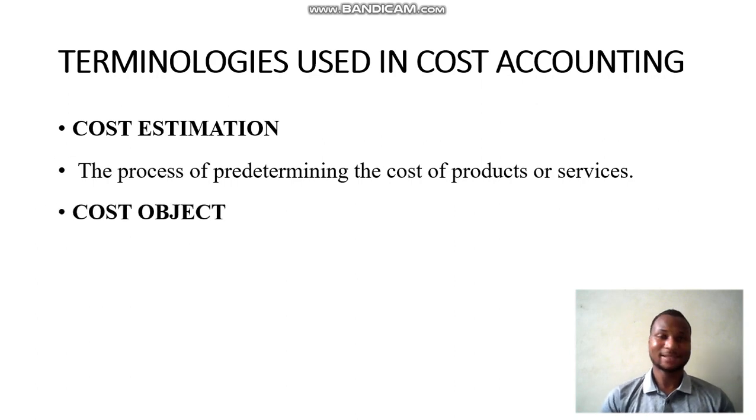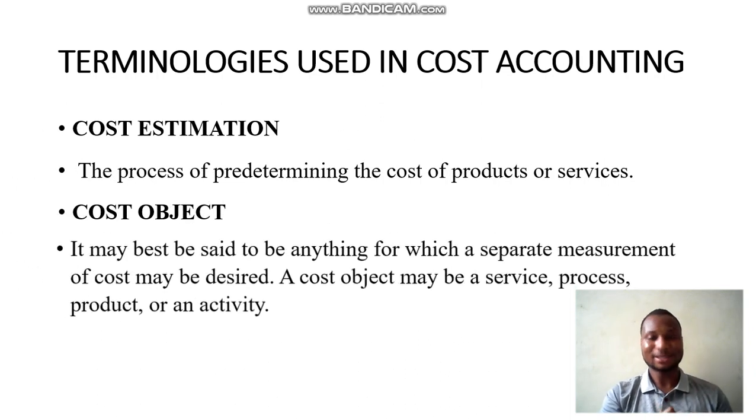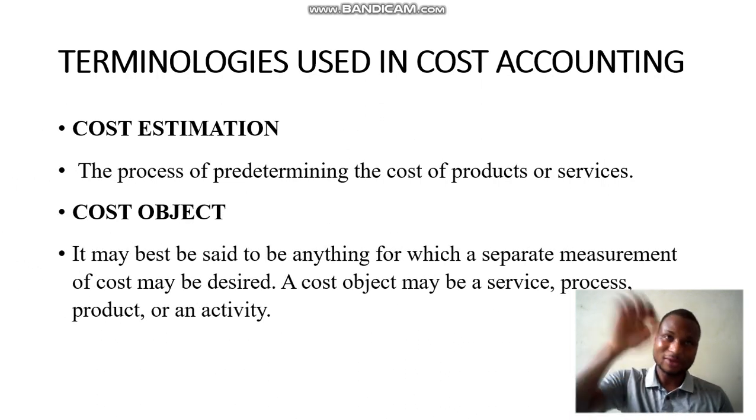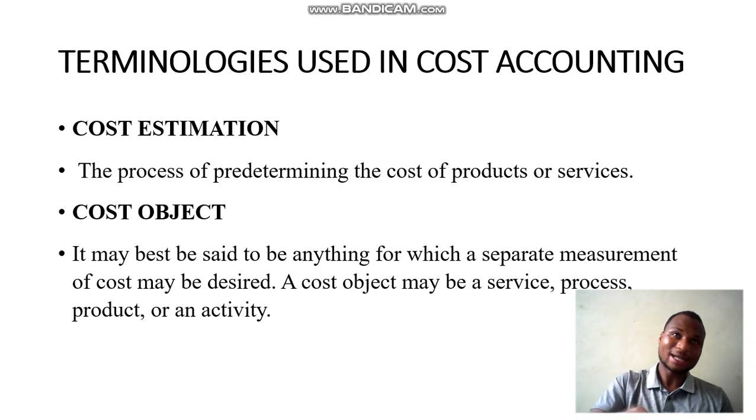Cost object. What is a cost object? You know what an object is. It's just anything that is existing. It could be living or non-living, so it's considered an object. Anything that is accruing cost for us, where we can determine cost from it, we call it in costing a cost object.